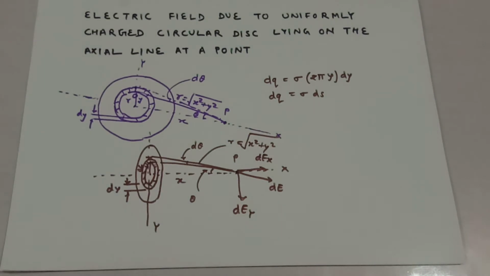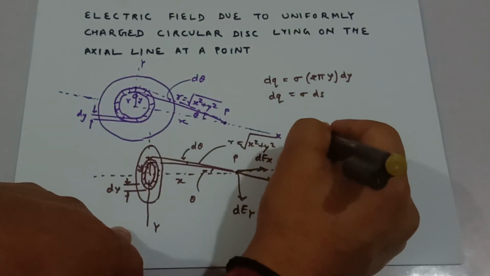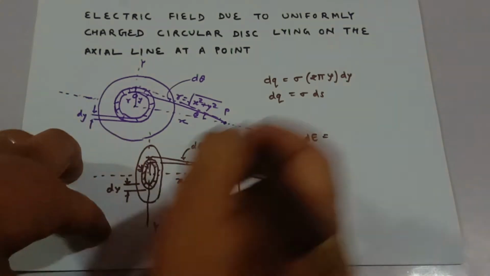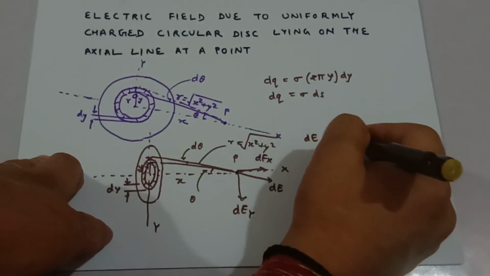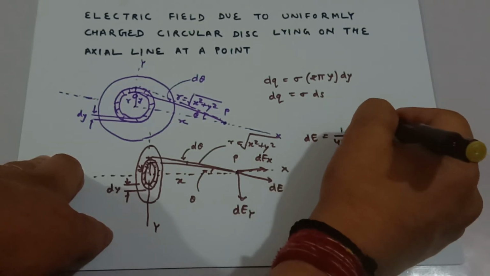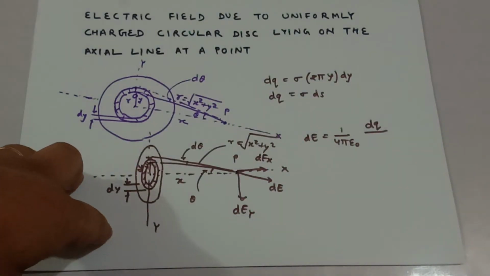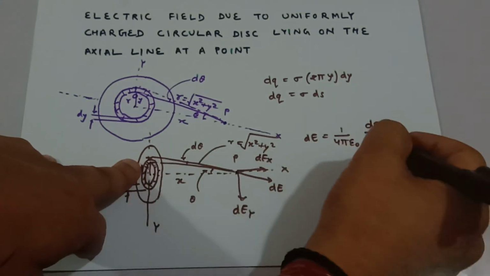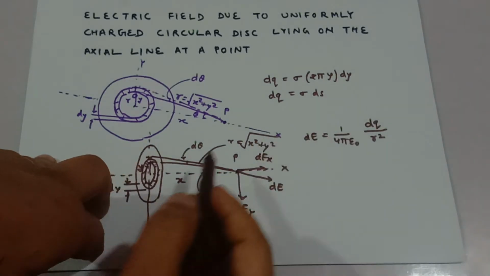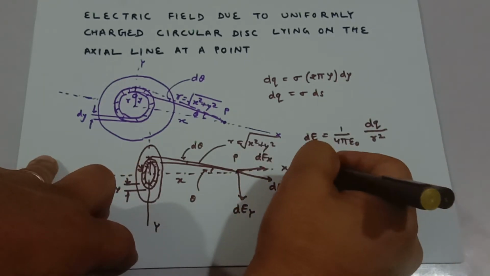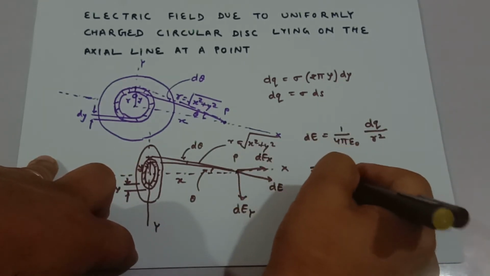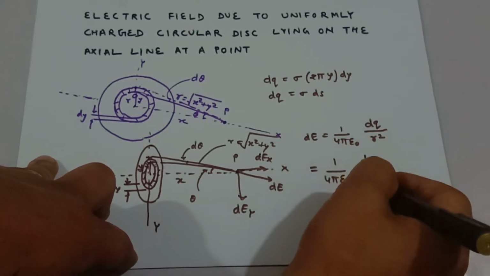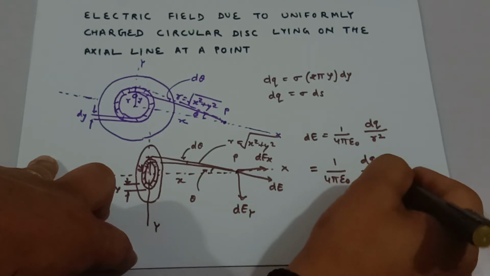So dE, we know the electric field because of the small charge dq at a strip of thickness dy would be 1 by 4 pi epsilon naught into the charge, which is dq, and the square of the distance between the point P and the strip, which is r square. And we know that r is the square root of x square plus y square, so that can be written as 1 upon 4 pi epsilon naught dq divided by x square plus y square.